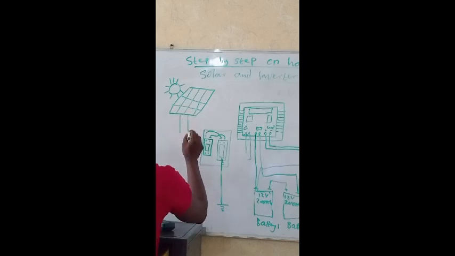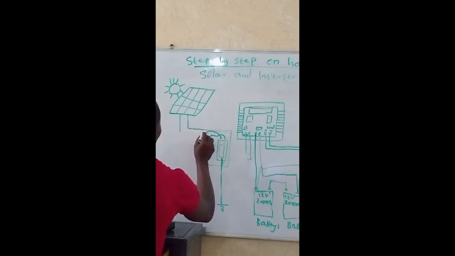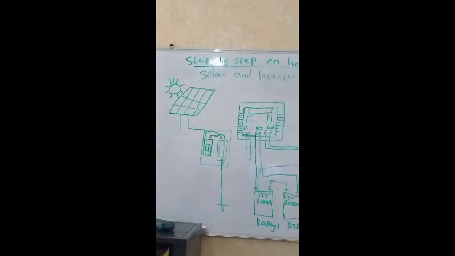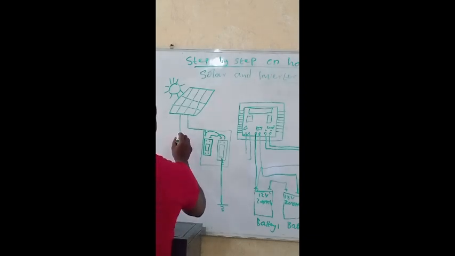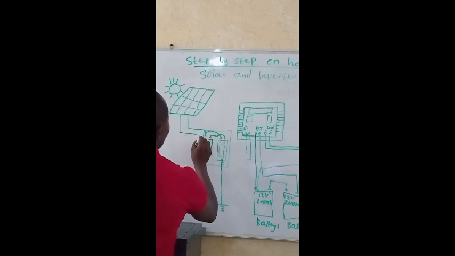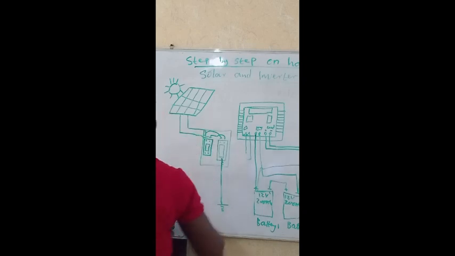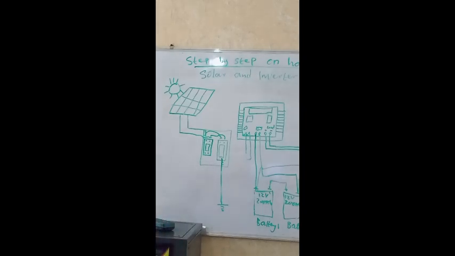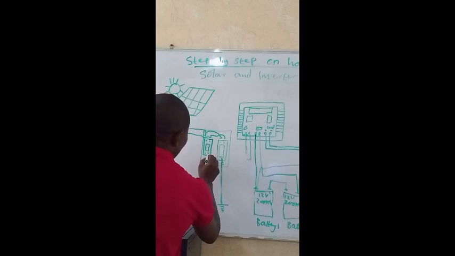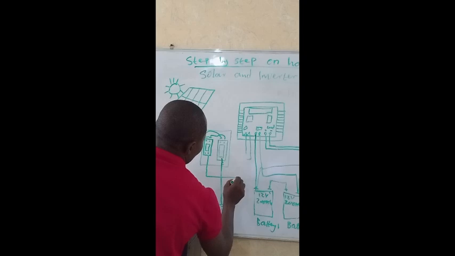Now, from the panel, the negative goes straight to the negative terminal of the breaker. And the positive goes straight to the positive terminal of the breaker. Thereby, the output of the breaker goes straight to the charge controller.